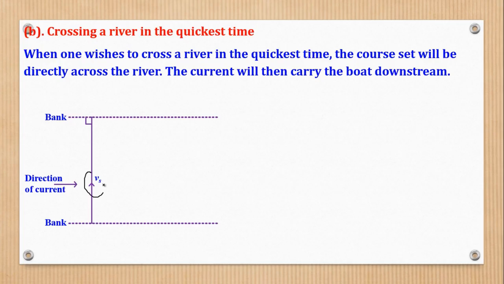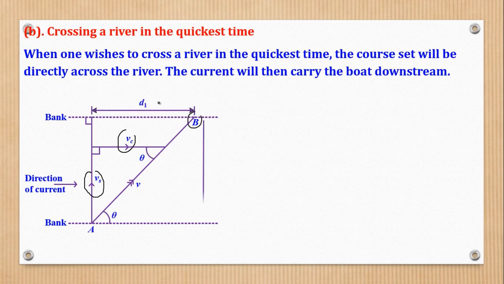So this is the velocity in still water, then the current pushes you away so that you reach at a different point, which is downstream, which is this point B. So this D1 is the distance downstream of the final point where the man reaches.